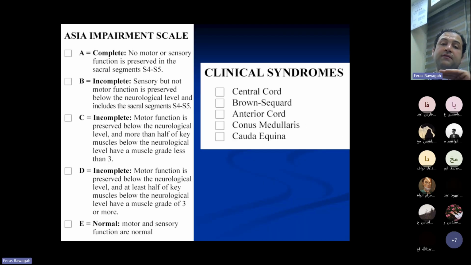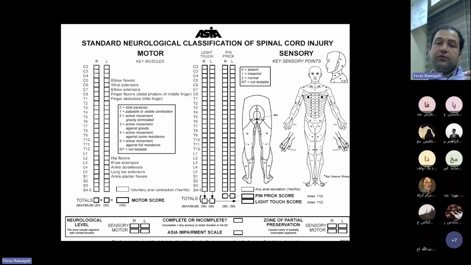After determining the level of the injury, okay, so when we do this chart, for example, you notice that the patient starts losing neurological function below level X, for example. So this is the level of injury, okay?